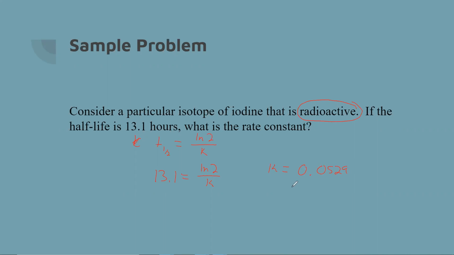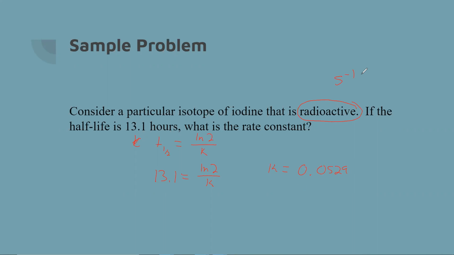0.0529. Now, in terms of units, if you go back and look at the units for k in a first order reaction, you will see that the unit should be seconds to the negative first. It's seconds to the negative first because seconds is generally the time unit that we are usually dealing with in reactions.